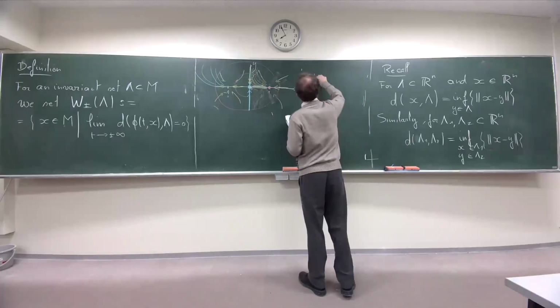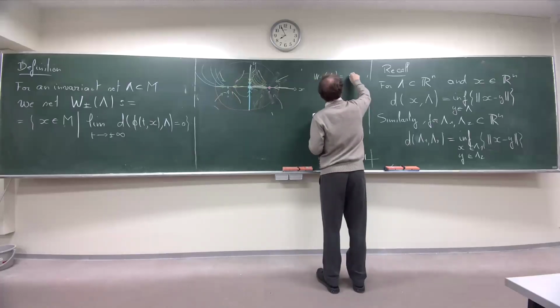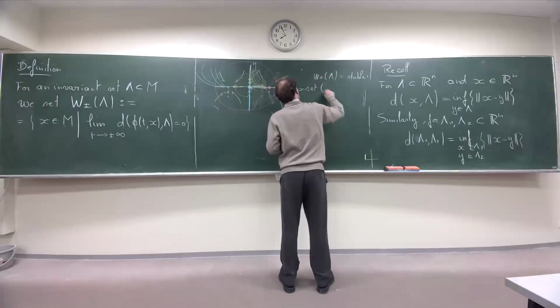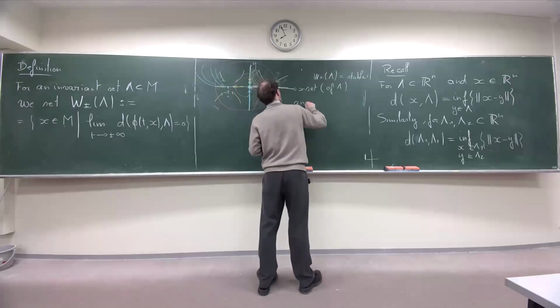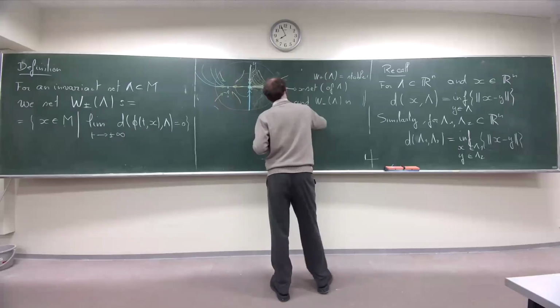They have a name. W plus of lambda is called the stable set. I would say of lambda because it depends on lambda, and W minus of lambda is the unstable set.